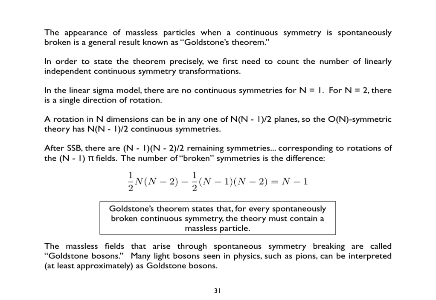And depending on the number of fields in your theory, and the symmetries and whatnot, you can predict how many massless particles you're going to have, right? And so for a case where you have n original fields, you predict that you're going to have n-1 massless fields.